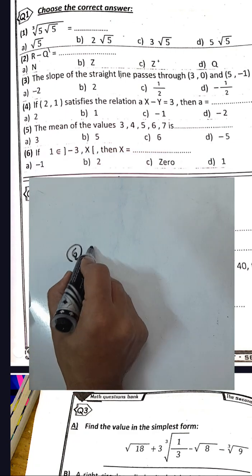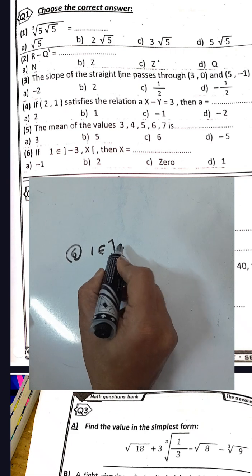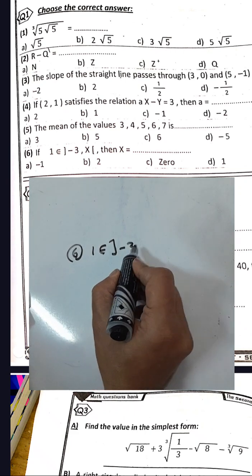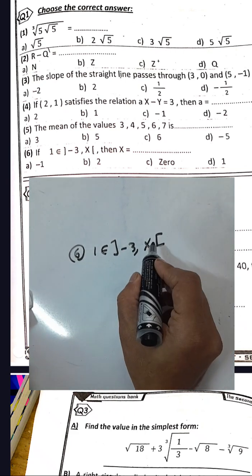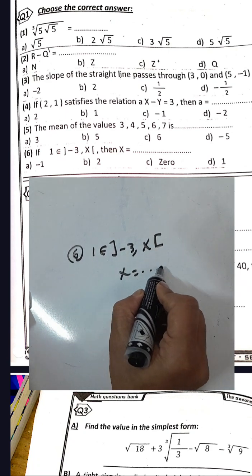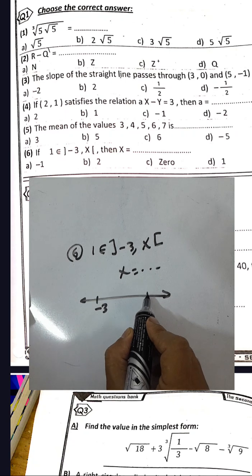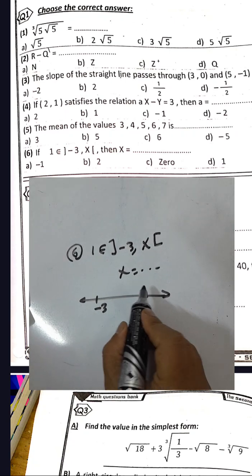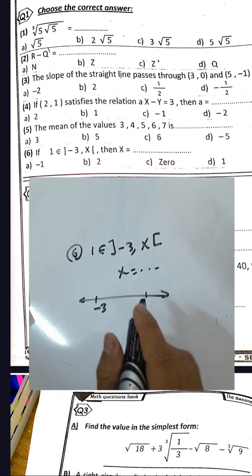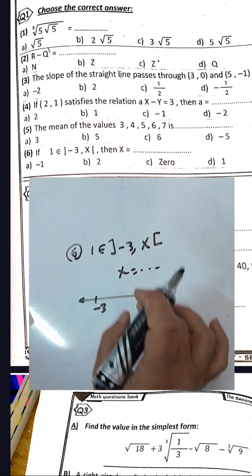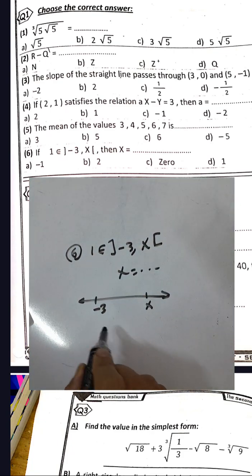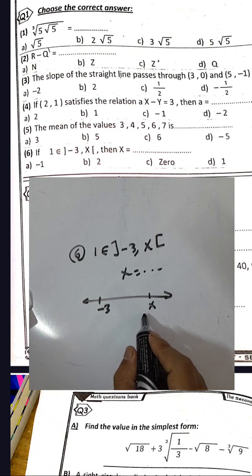If 1 belongs to the open interval from -3 to x, then x will be what? We have from -3 to this number. This number is open, meaning 1 is not equal to x. Okay, so x will be what?